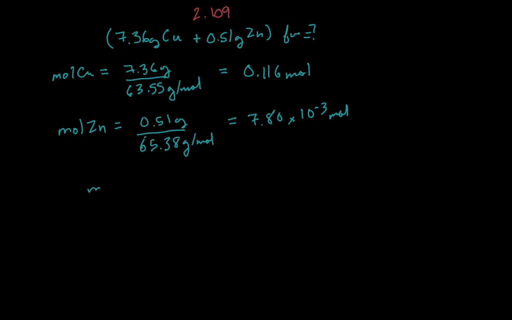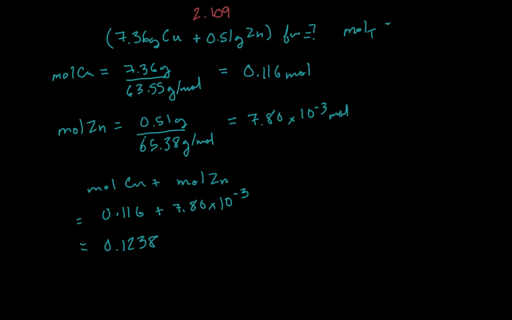So moles of copper plus moles of zinc is 0.116 plus 7.80 times 10 to the negative 3, and that gives us 0.1238. There's our mole total.